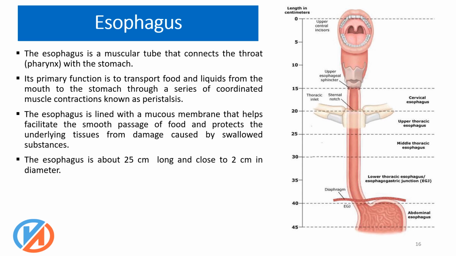There is a sphincter called the upper esophageal sphincter, and also there is a sphincter which is like a kind of door between the esophagus and the stomach. There are also some parts which include the cervical esophagus, upper thoracic esophagus, and middle thoracic esophagus. Anyways, the overall purpose of this esophageal system is to transport the food from the mouth to the stomach through the movement called peristalsis.